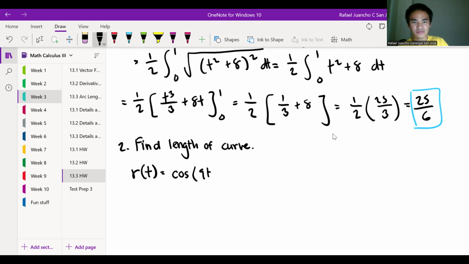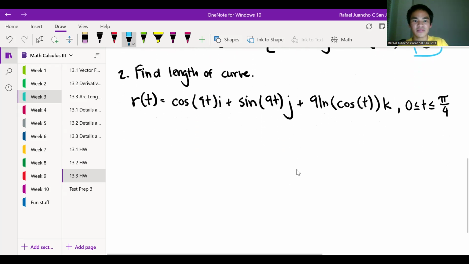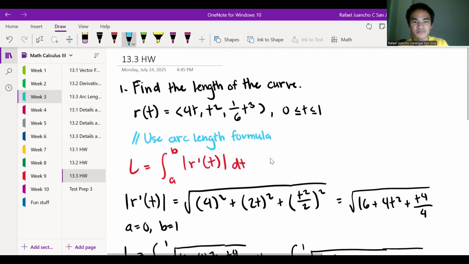Cosine 9t i plus sine of 9t j plus 9 ln, oh, so it's composite functions, 9 ln cosine t. Okay. And the condition, or our bounds, is 0 and pi/4.